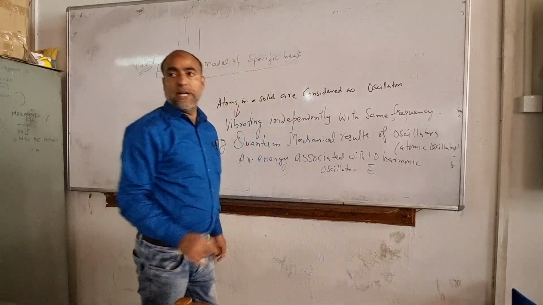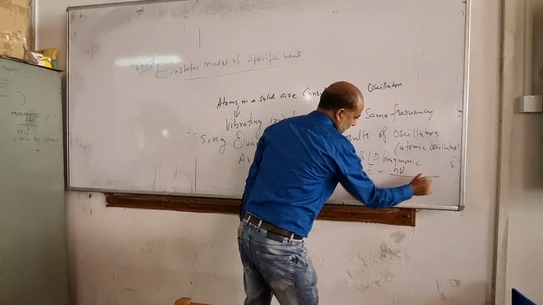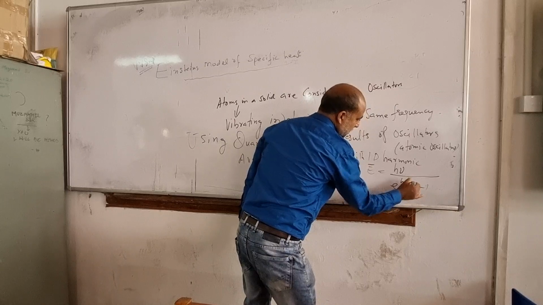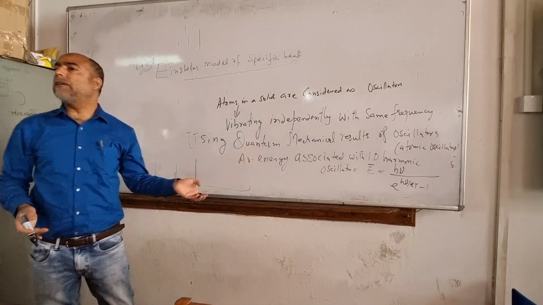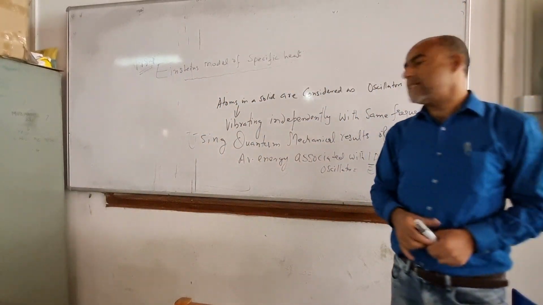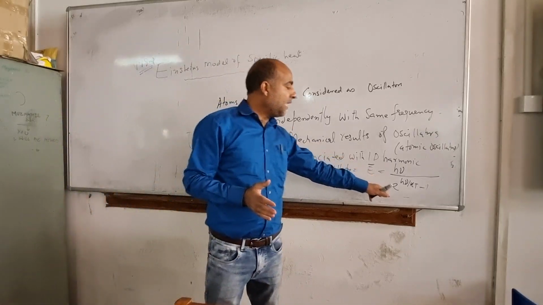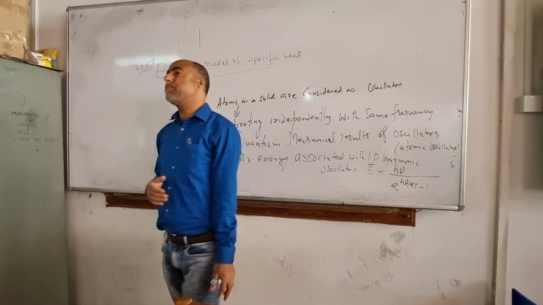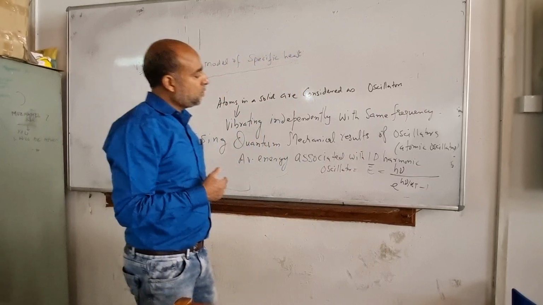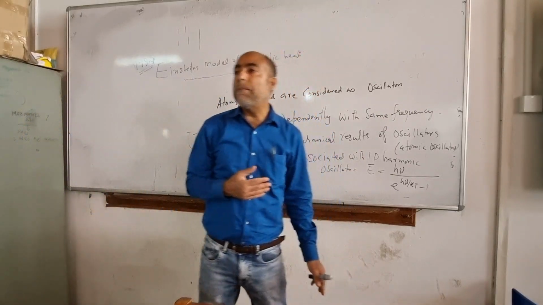average energy, represented by E bar, equal to h nu by e raised to the power h nu by kT minus 1. We got this result from Planck's quantization of energy, where h is Planck's constant, nu is the frequency, k is Boltzmann's constant, and T is the temperature.